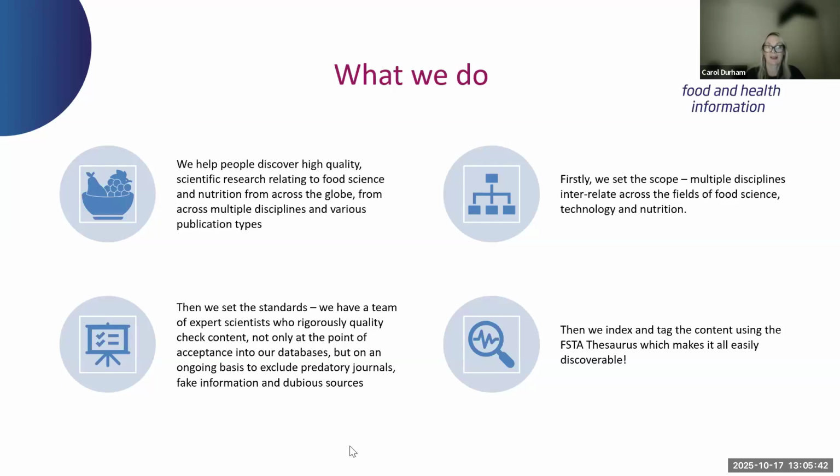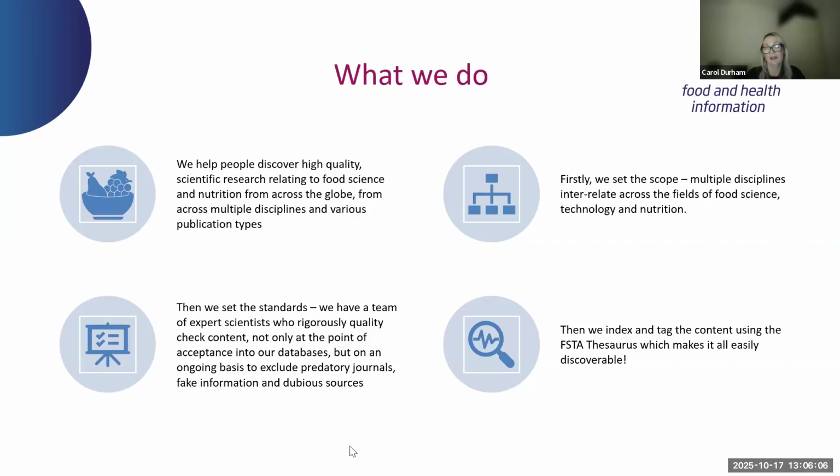So first of all, we set the scope. There are multiple disciplines that interrelate across the fields of food science, technology, and nutrition. And so we don't just look at incorporating food journals, we look across the board, and I'll tell you a little bit more about that as we move along. But then we set the standards. We have a team of expert scientists, and they rigorously quality check our content.